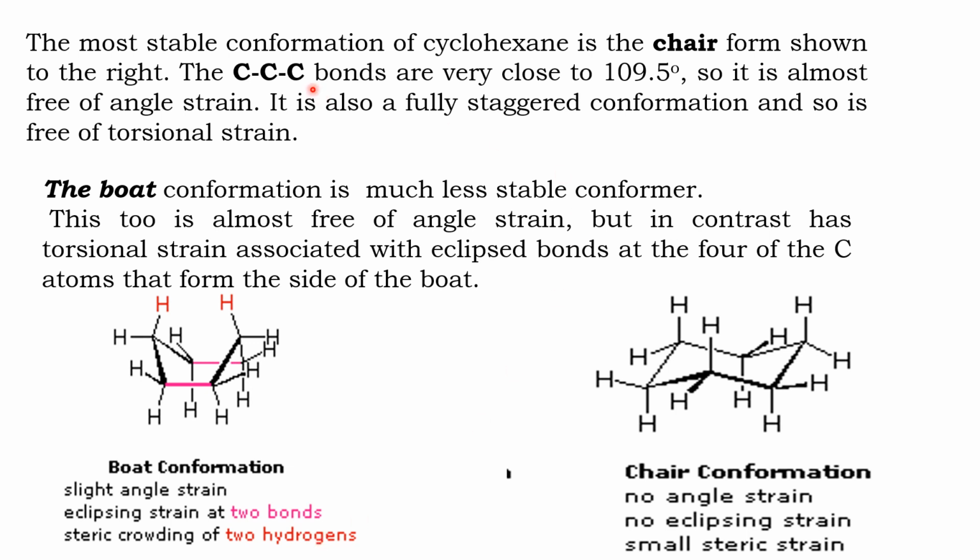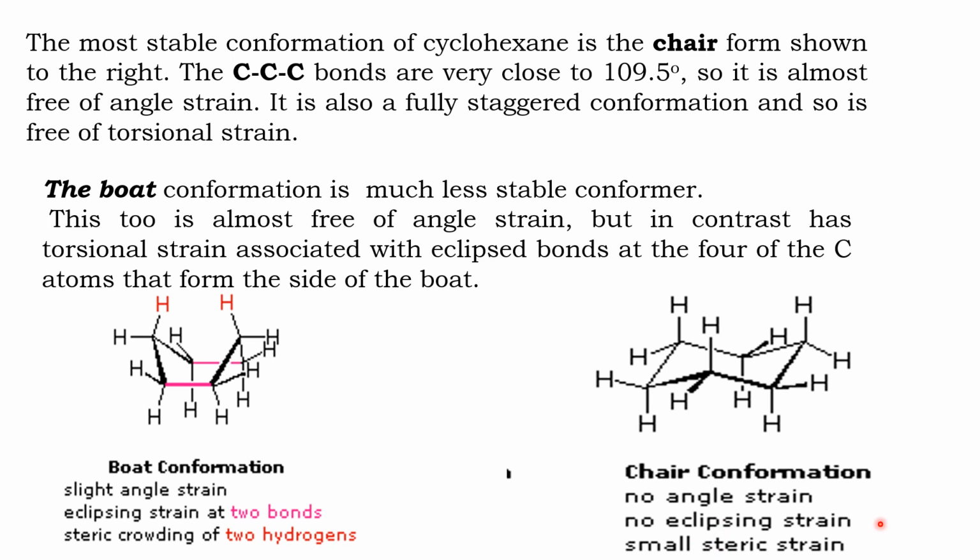The carbon-carbon bond angle is almost close to 109 degrees in the case of the chair conformation. So the most stable conformation is the chair conformation, which does not have any angle strain, eclipsing strain, or steric strain. A question may come: why is the chair conformation most stable? You should give the answer like this.